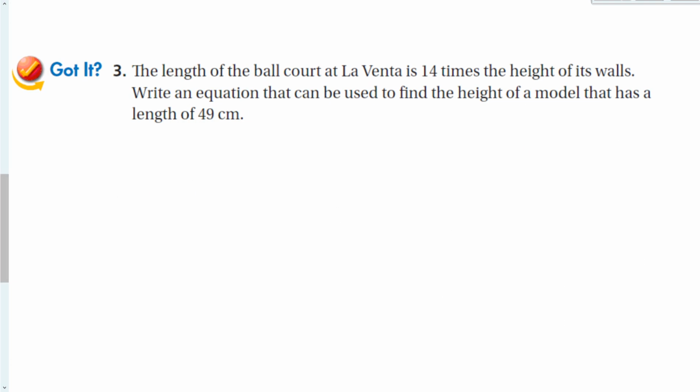I got a problem. The length of the ball court at La Venta is 14 times the height of its walls. Write an equation that can be used to find the height of a model that has a length of 49 centimeters. Okay, so I have pretty much all the information I need, and I want the length to be 14 times the height.